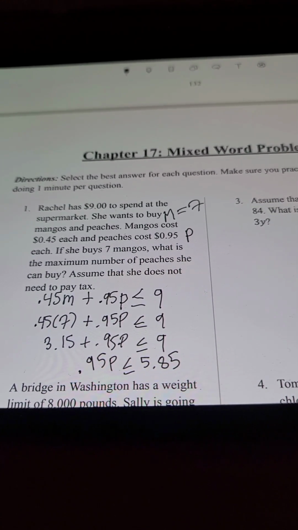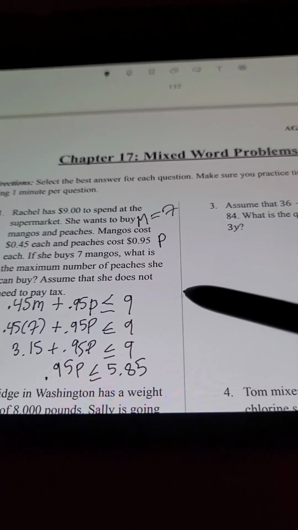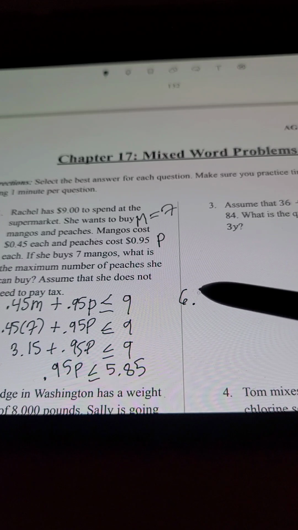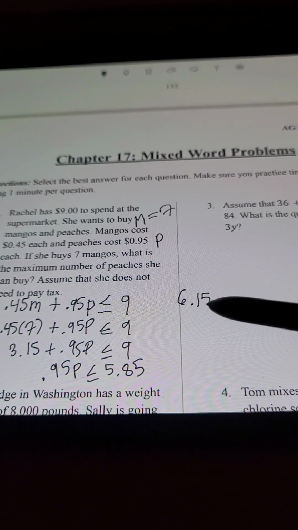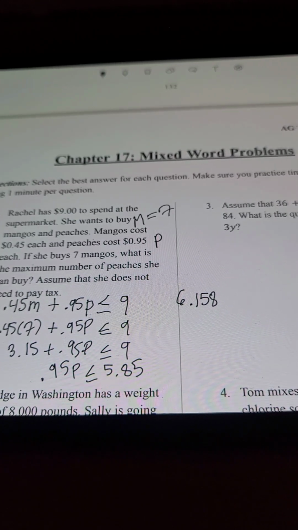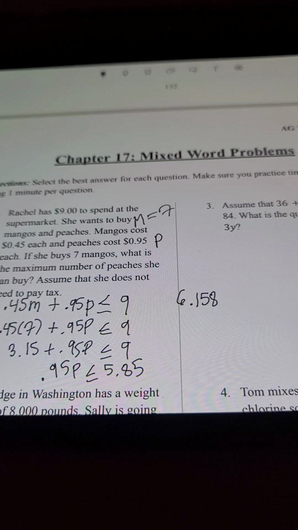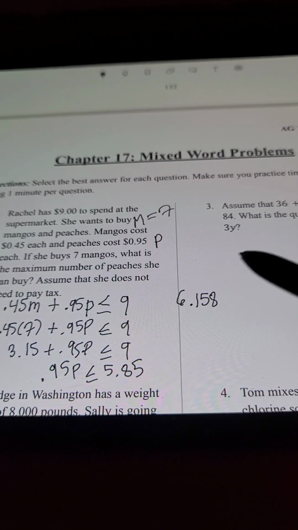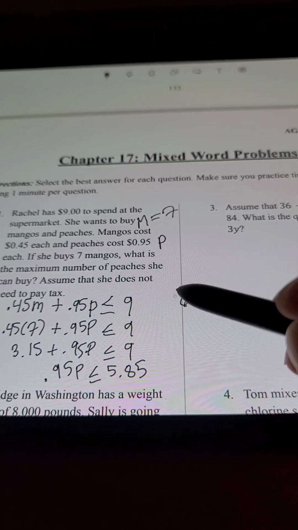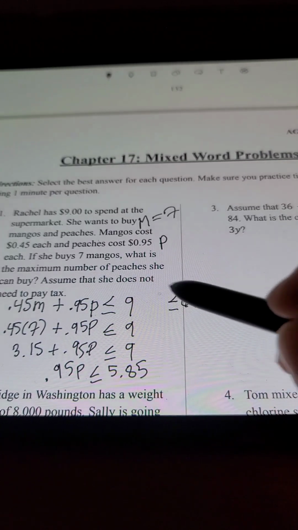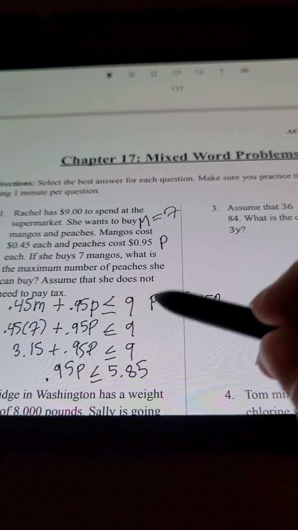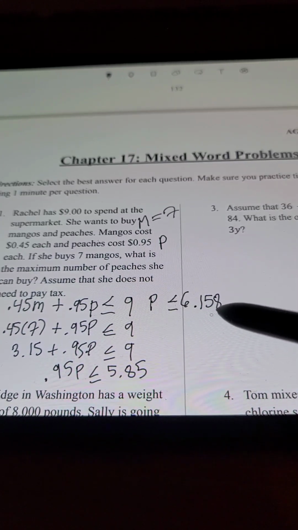When I do that, I'm going to get 6.157, yada, yada, yada. The neighbor is 8, so we'll just round up. So P has to be less than or equal to that value.